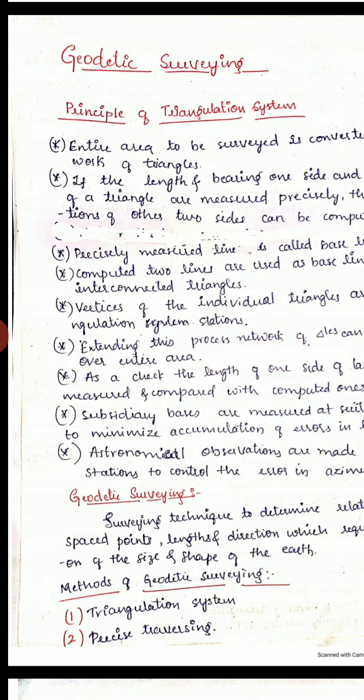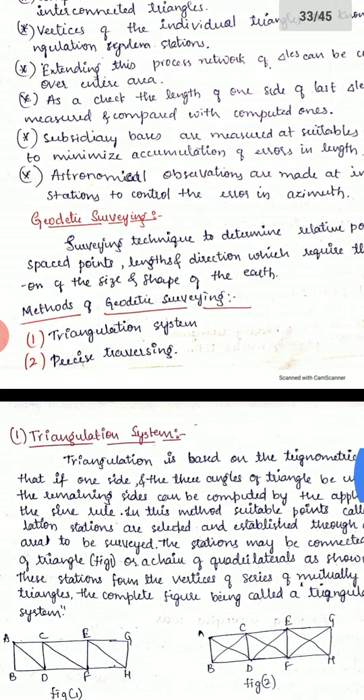As said right now, the vertices of the individual triangles are called triangulation stations. Next one is, extending this process, a network of triangles can be computed over the entire area. By using these small triangles, we will survey the whole area by using the triangulation system.